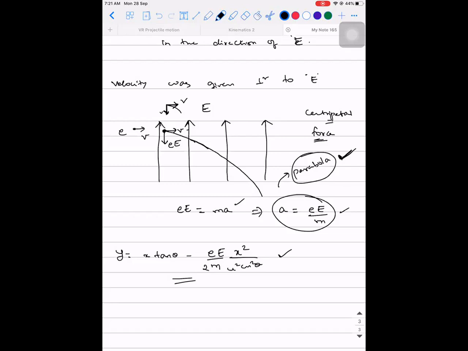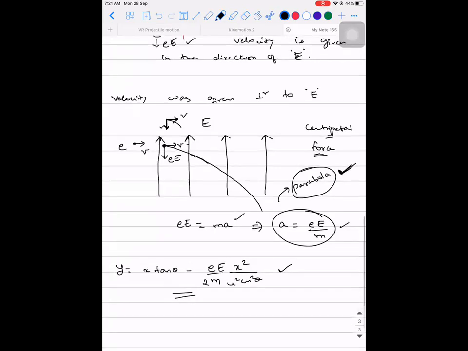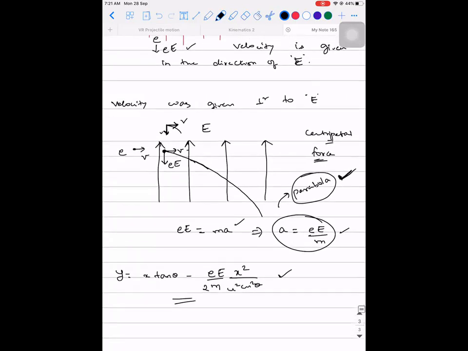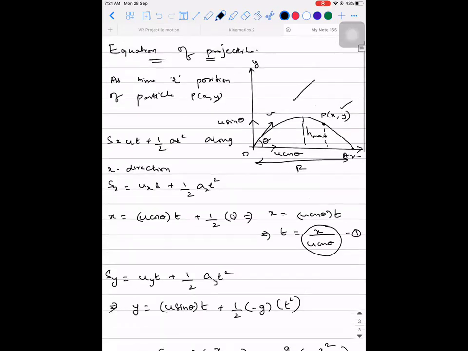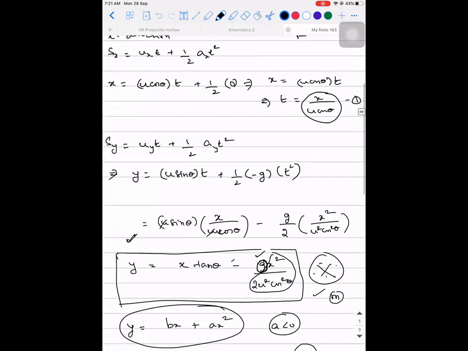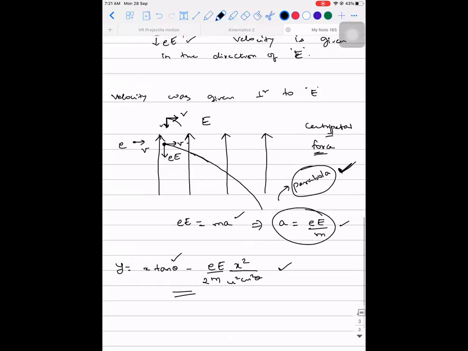Am I clear? Sir, what will be theta in this case? You tell me. Sir, angle between velocity and electric field. Angle between velocity and horizontal. Now, what did you do in the derivation? Theta is the angle of the initial velocity of projection with respect to the horizontal. In this case, what will be the angle?